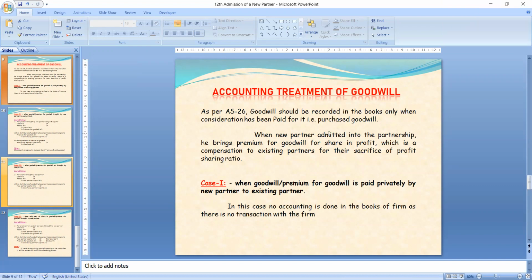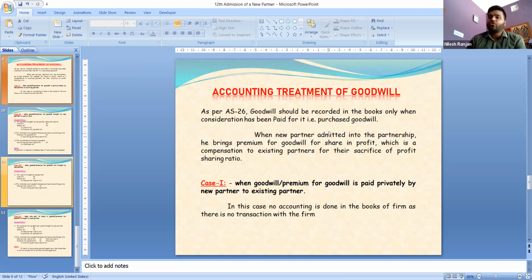India is now adopting IFRS also for companies, but the old standard was called Accounting Standard, and there are different numbers for different things. AS 26 deals with intangible assets. Goodwill should be recorded in the books only when consideration has been paid for it, that is purchased goodwill.